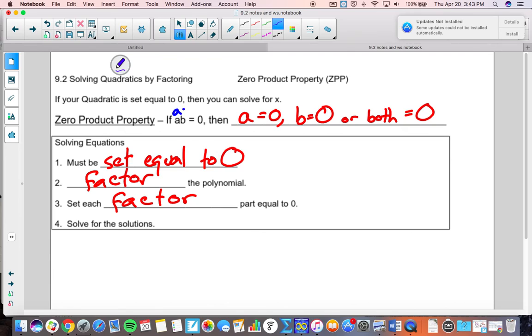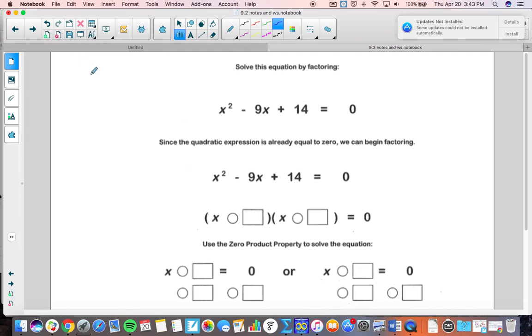If we have a times b, and we know that equals 0, then a equals 0, b equals 0, or both equal 0, a and b. So if two numbers multiply to 0, at least one of them has got to be 0. So we can use that idea to solve this trinomial right here.